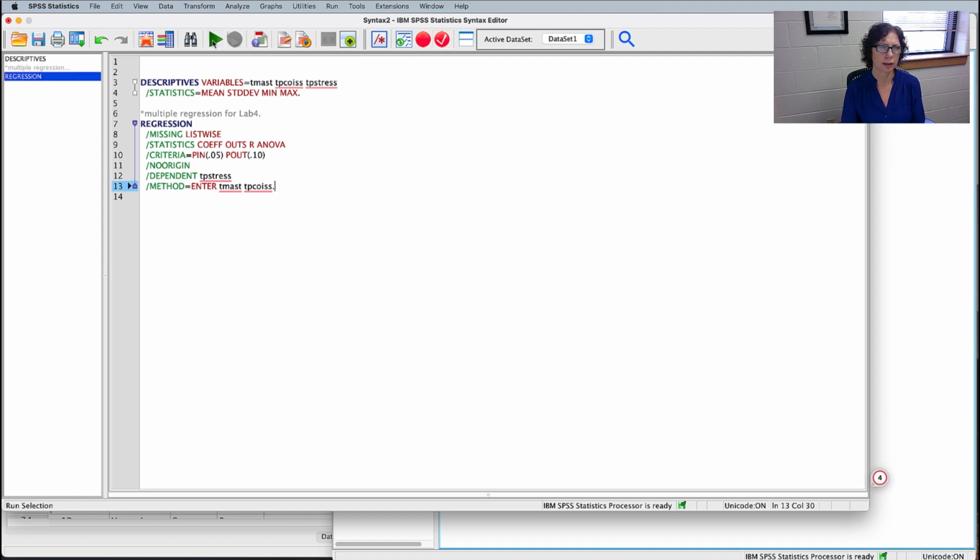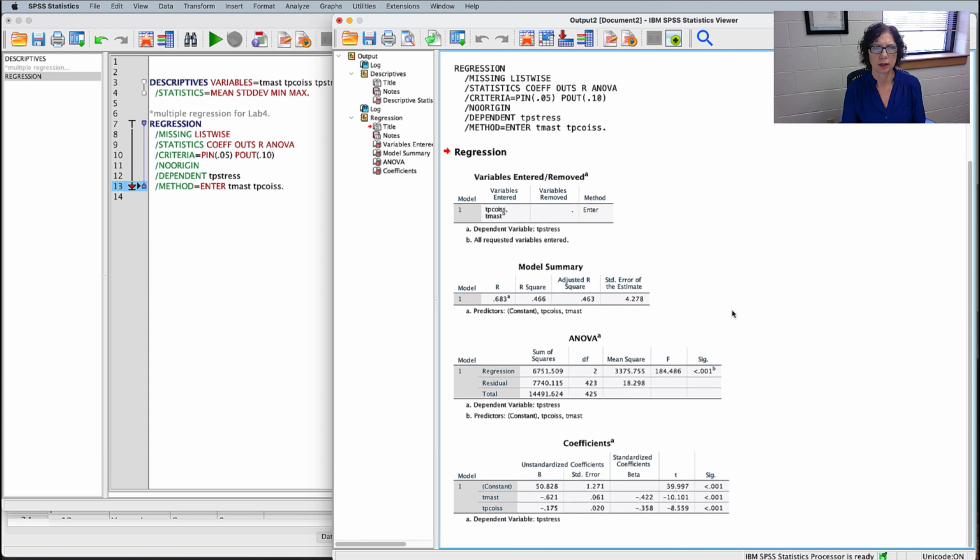So running this, now we have some information. In our output here, we have model information and predictor or coefficients information. And you're kind of telling the reader about the big picture first. Is the model significant? And how much effect does the model have?